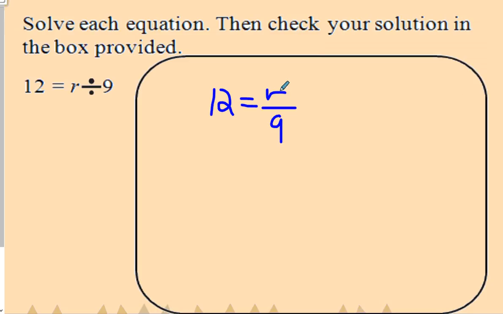My relationship between r and 9 is that they are dividing, so I am going to multiply both sides by 9 so I can get rid of it. The 9's cancel out, they become 1. So I'm left with r on this side, and that equals 9 times 12, which is 108.